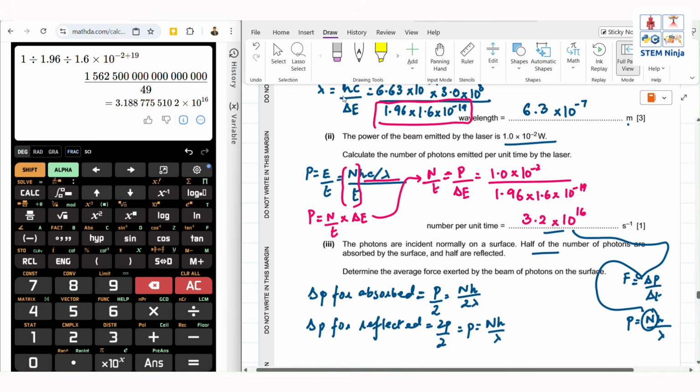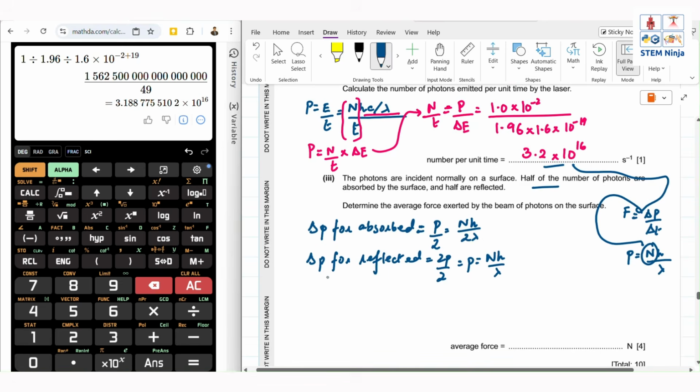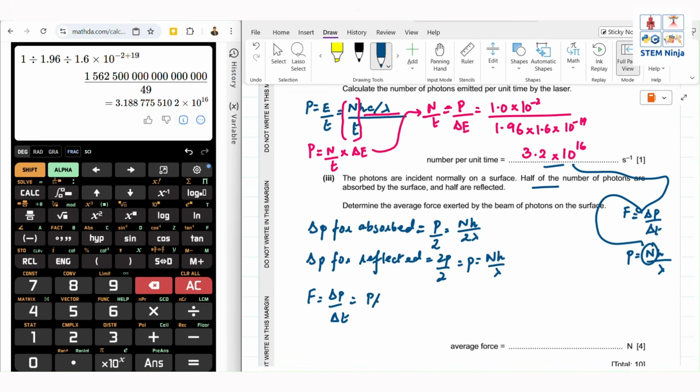Now, P over 2 plus P simply becomes 3P over 2. So force is net change in momentum over change in time. So it's P over 2 plus P over change in time, which leads us to 3 by 2 P over change in time. Let's see how that works out for us.